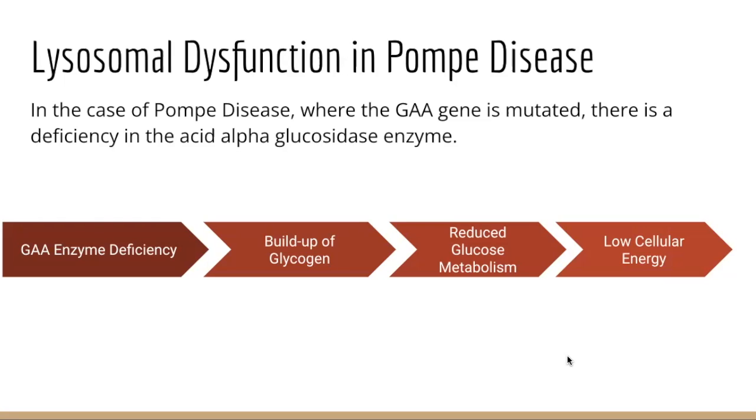Therefore, reduced glucose breakdown would lead to low or inadequate levels of cellular energy in the form of ATP. Glycogen buildup in the liver and low cellular energy would be the major causes for the symptoms associated with Pompe disease. Now, Ronette will go more into those symptoms and their onset.